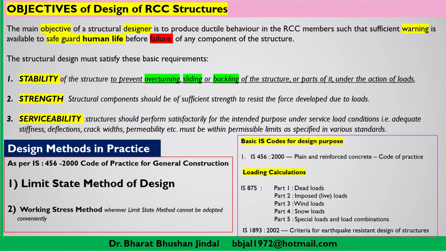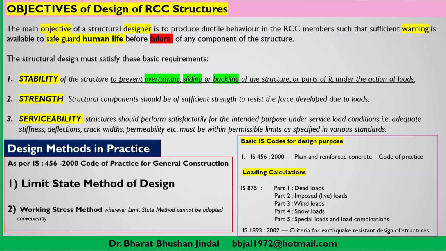That means when the structure is used by the occupants for the purpose for which it was built, it should perform all the functions comfortably. The two methods we discussed are the limit state method of design, which is currently in practice, and earlier the working stress method, which we can still use wherever the limit state design method cannot be adopted conveniently.